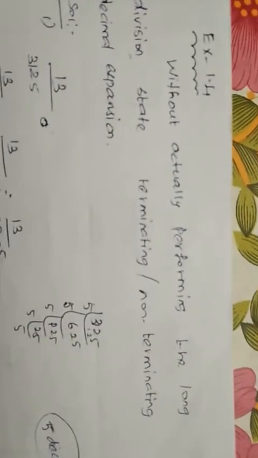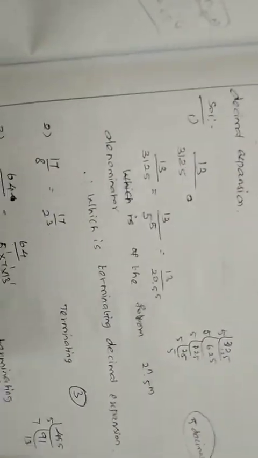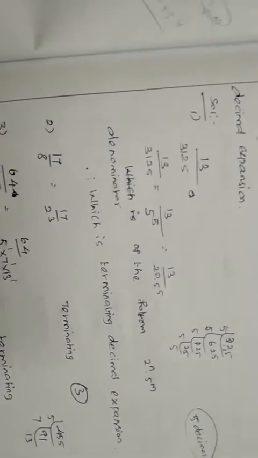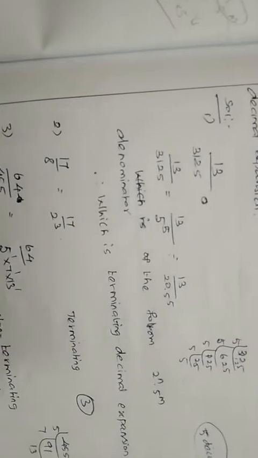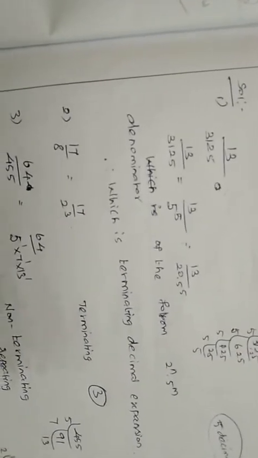For that, the first problem: without actually performing the long division method, state whether the decimal expansion is terminating or non-terminating. What do you want to check? The denominator factors. Only 2 and 5 means we can tell it's terminating. If other than 2 and 5 we have a prime factor, then we can tell it's non-terminating.